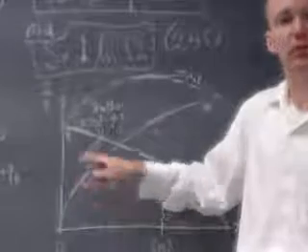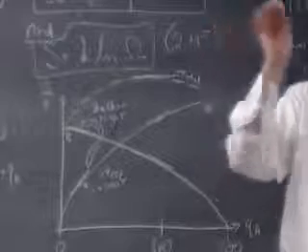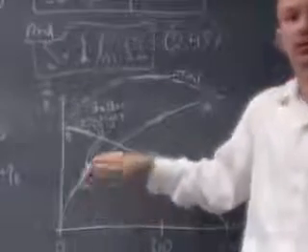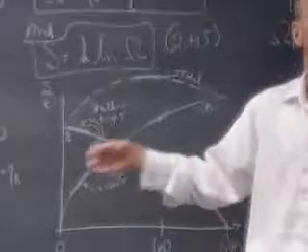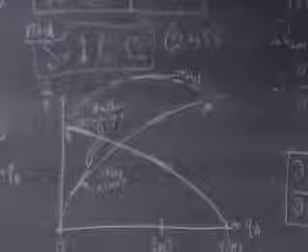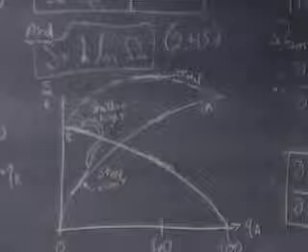It's got less energy per oscillator, it's got a lower temperature. So really the slope here is 1 over the temperature. It's the inverse, the reciprocal of temperature. Energy is flowing from the shallow slope to the steeper slope.